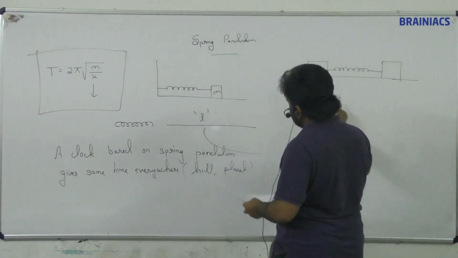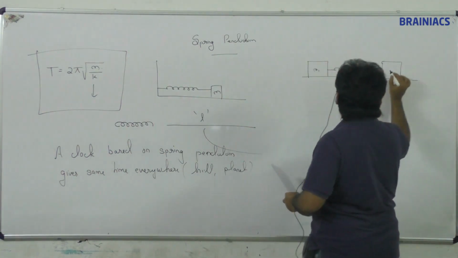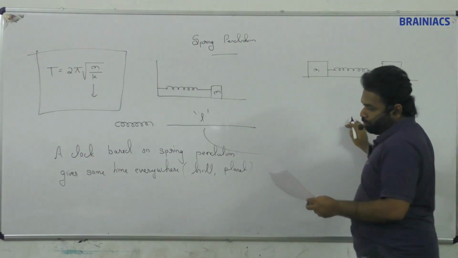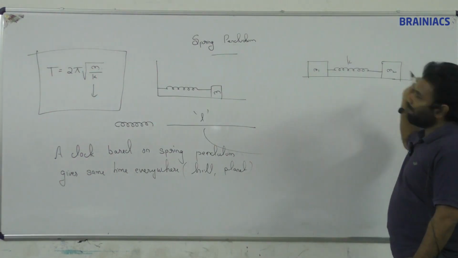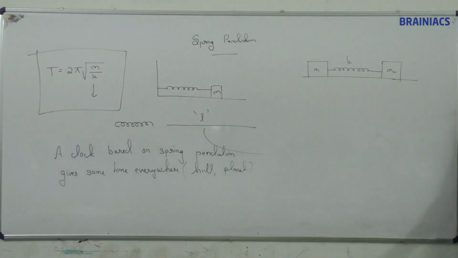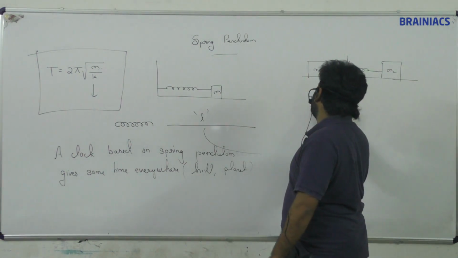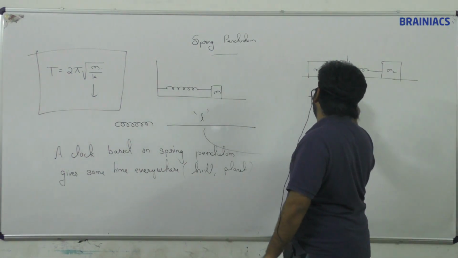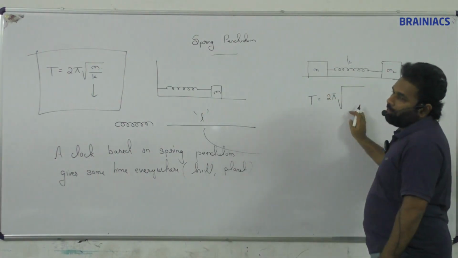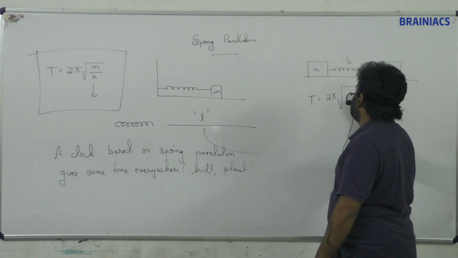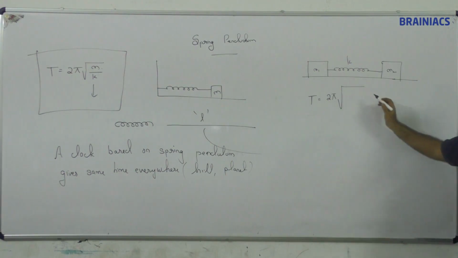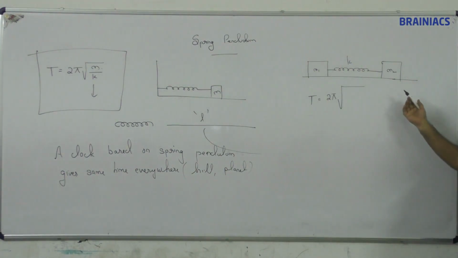So if we get a mass m1, mass m2, and this is k, when we need to take the time period, T is equal to 2 pi into root of m by k, we need to take the mass of the combination.